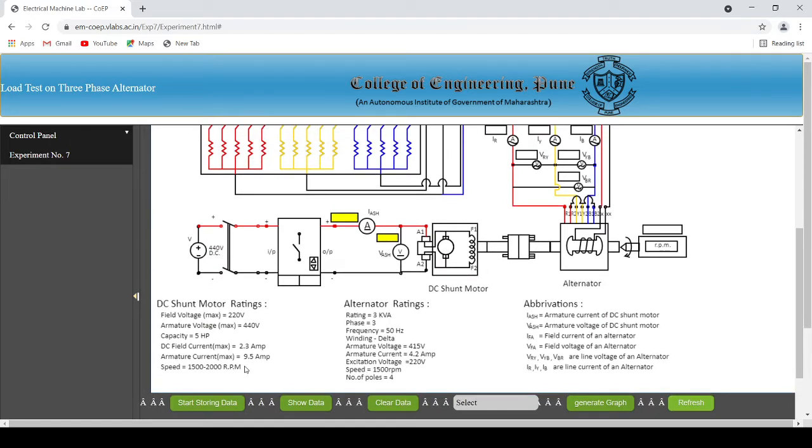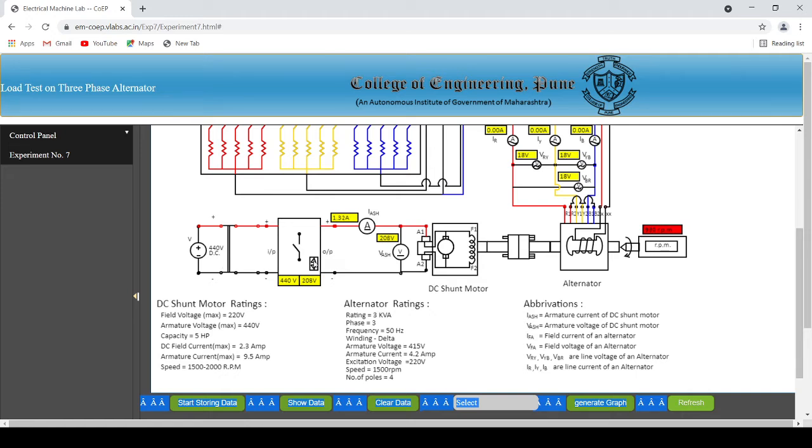The DPST switch is closed first, and the RPM of the alternator is increased till we get 1500 RPM. Since the rating here is given as 1500 to 2000, we increase till 1500. It's 1000, nearing 1000 now.